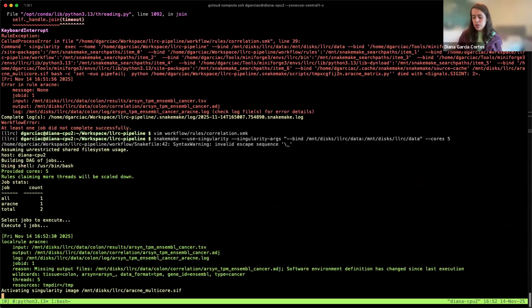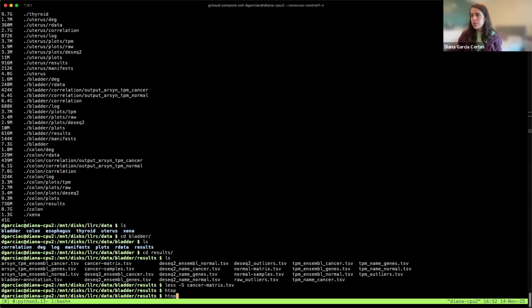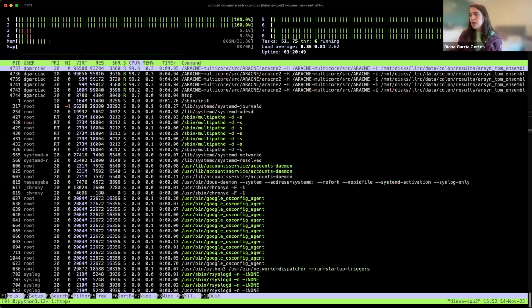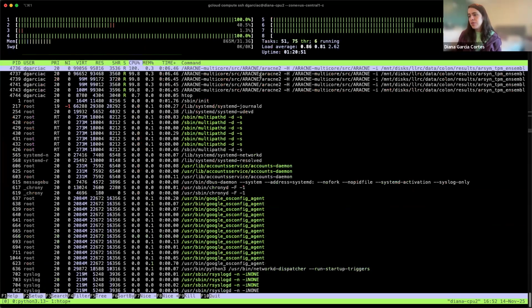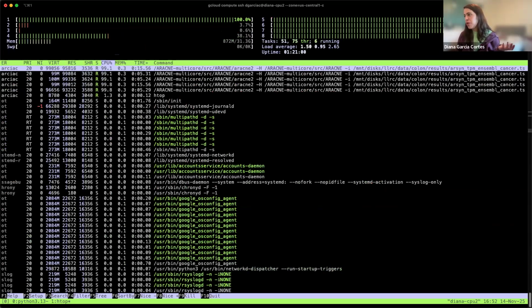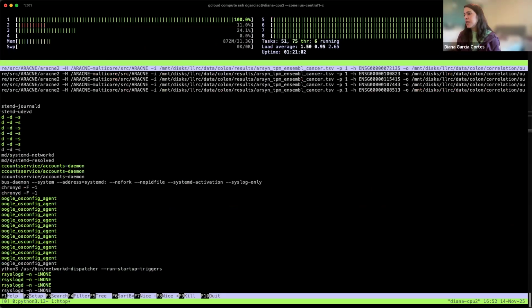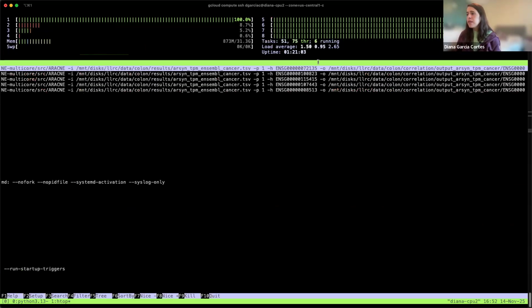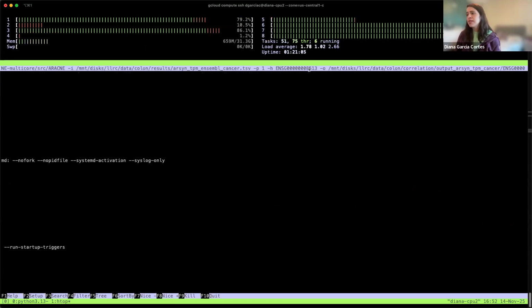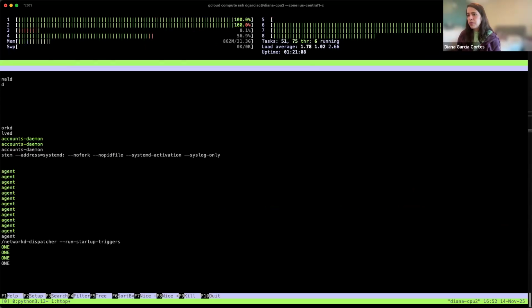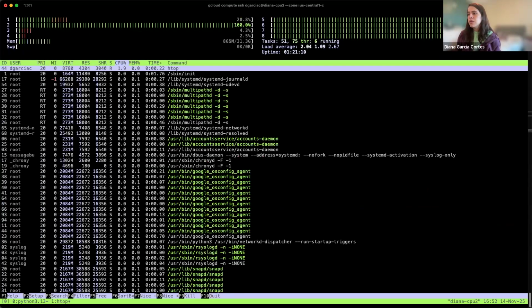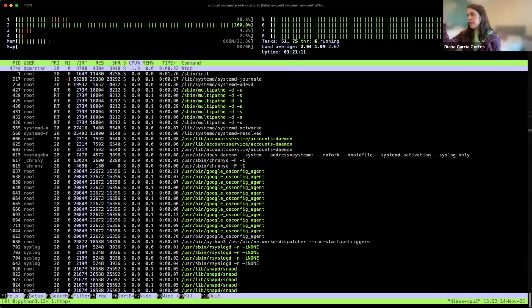So now if we go to our htop command, you can see that it is running 5 different tasks with the same command, but with different arguments, because each of the tasks is being run for a specific gene. So one of the arguments changes.